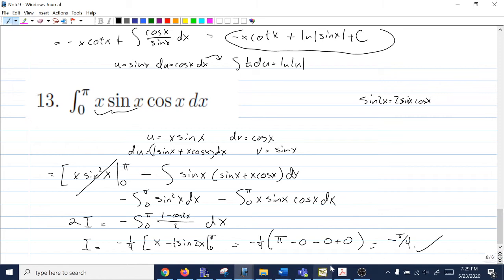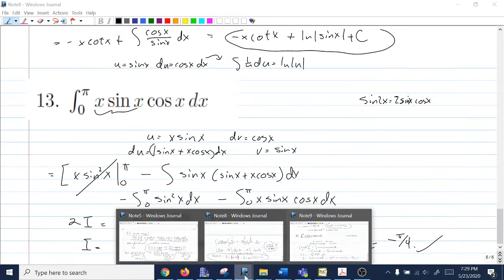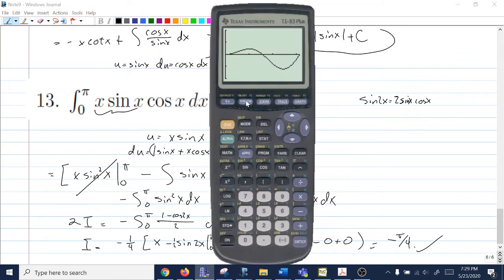As long as I got the thing graphed, I might as well ask my calculator to tell me what the integral is. I need to make the window a little bit further. I'm still suspicious of this number.